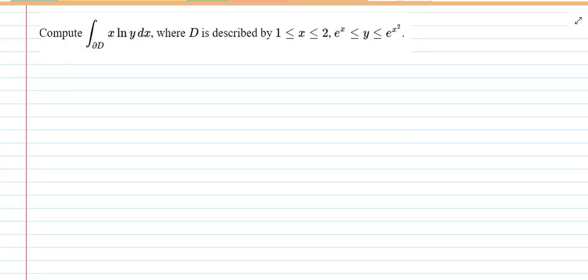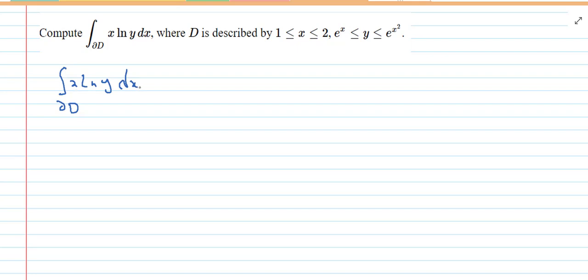Here we have this example. We want to compute the integral of x ln y dx over the boundary of D, and D is described as this region, x between 1 and 2 and y between x and x². So here we have P dx.